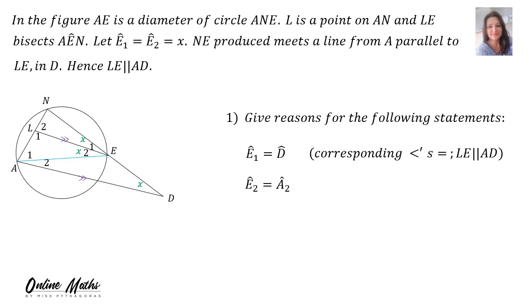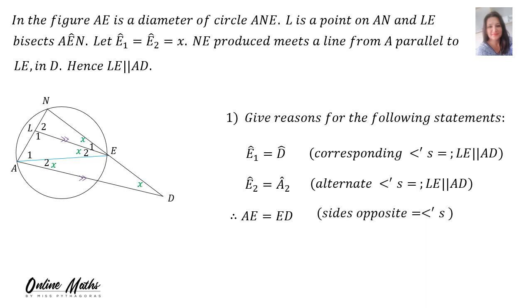The next statement is that E2 is equal to A2. The reason? Alternate angles equal, because LE is parallel to AD. And then the last statement, AE is equal to ED. And why can we say that? They are sides opposite equal angles.